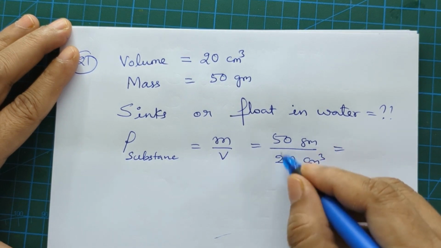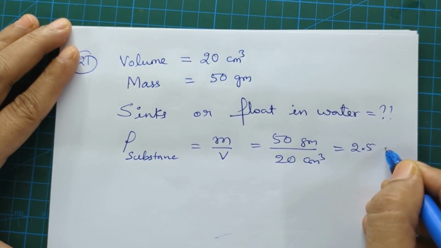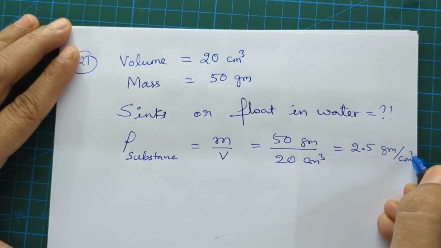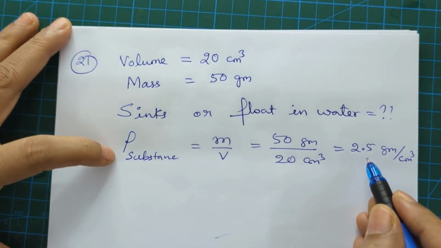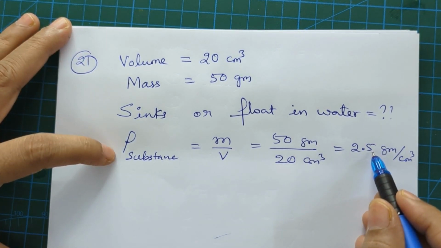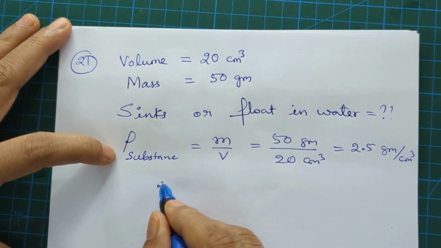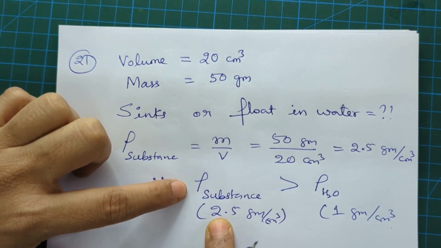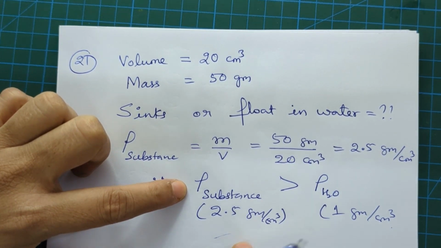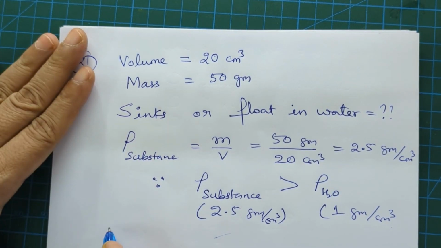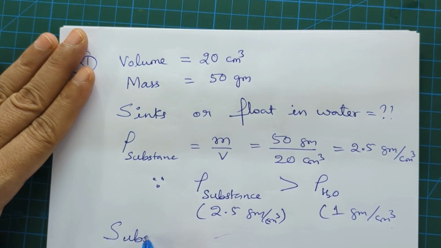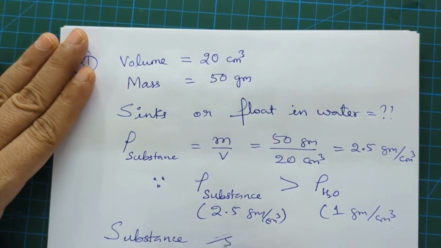So it is 5 by 2, which is 2.5 grams per centimeter cube. Since the density of the substance is 2.5 and the density of water is 1 gram per centimeter cube, if an object's density is greater than that of water, that object will sink in water. So the substance sinks in water.